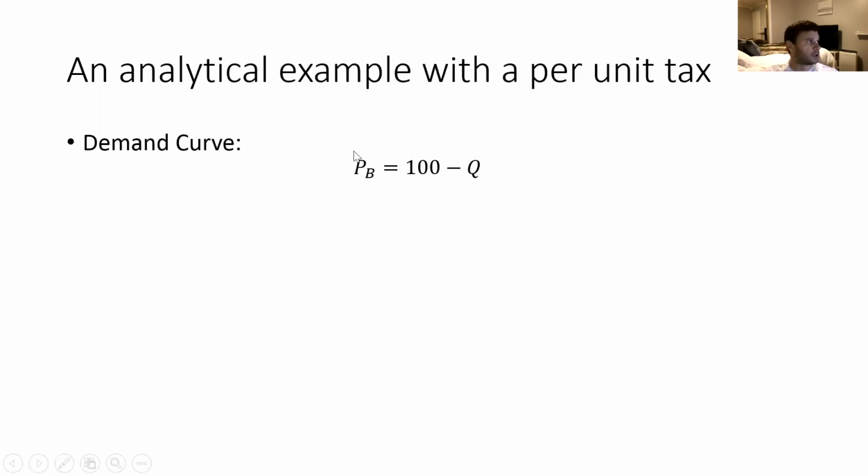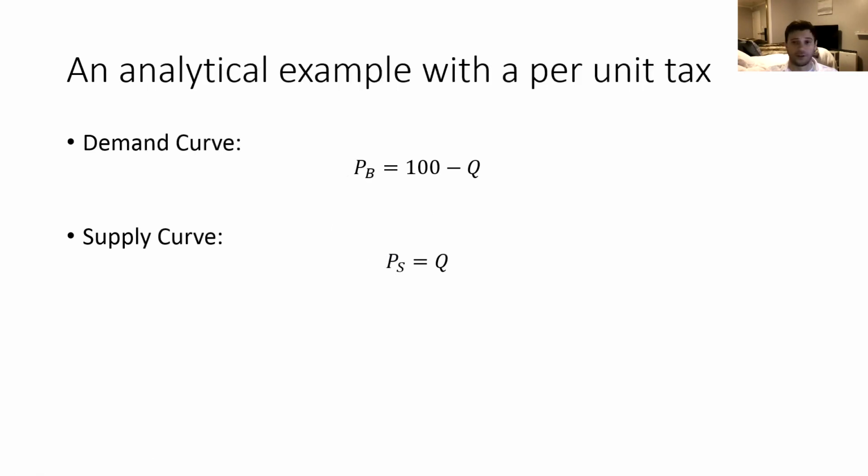Notice I've included a B subscript here so that we remember that the demand curve captures the price the buyers are willing to pay. Similarly, we have a supply curve, and I've included an S subscript on the price, since the supply curve tells us the minimum price the sellers are willing to accept at any quantity.